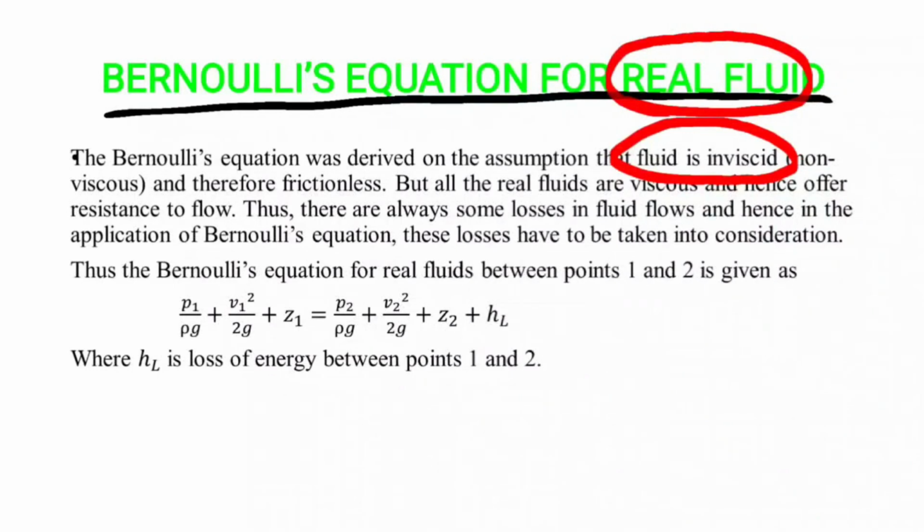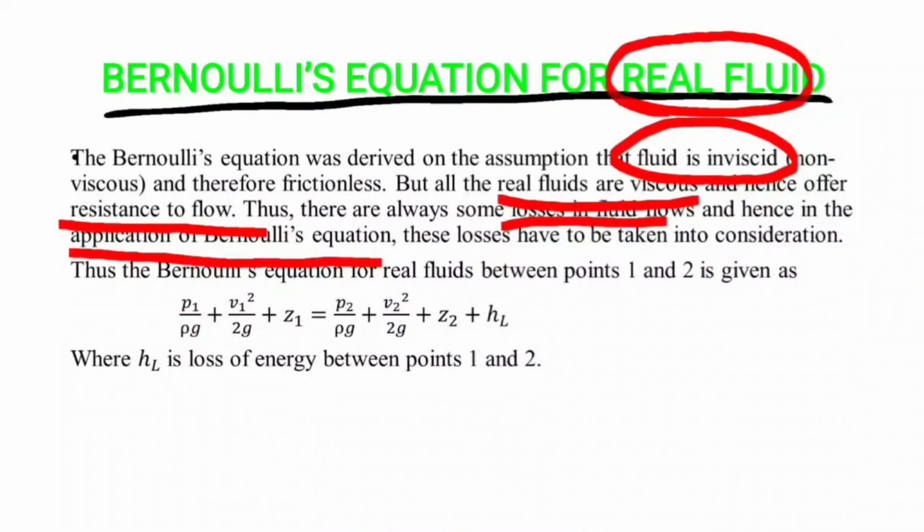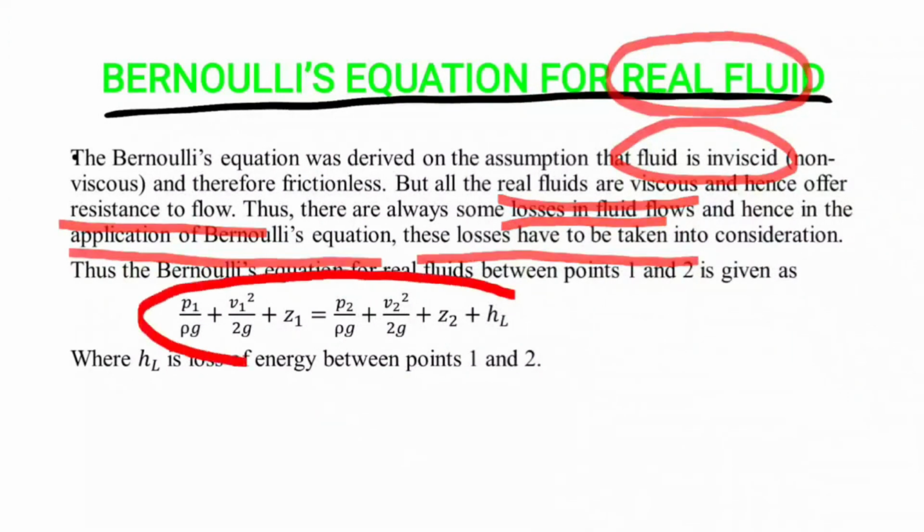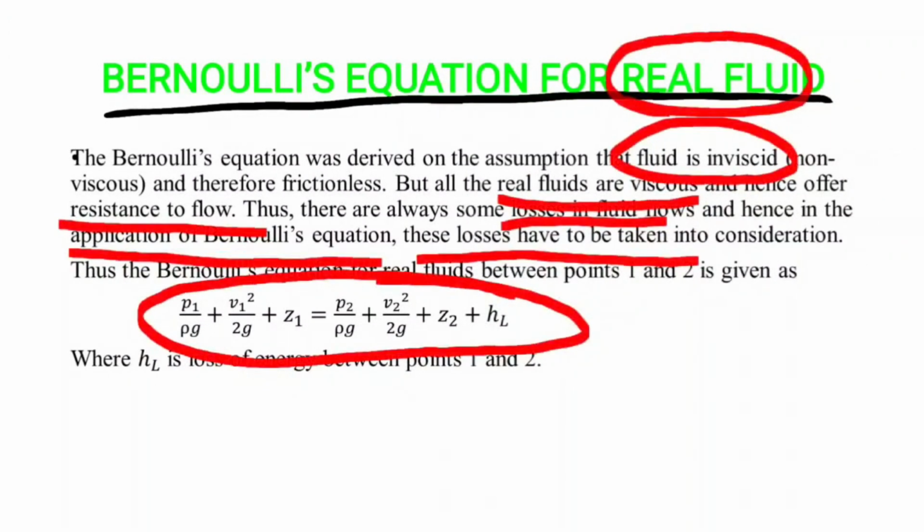Viscosity is present for the real fluids and hence they offer resistance to flow. There are some losses in fluid flow, hence in the application of Bernoulli's equation all these losses have to be taken into consideration. Okay, for the real fluids the Bernoulli's equation for 2 points changes like this.